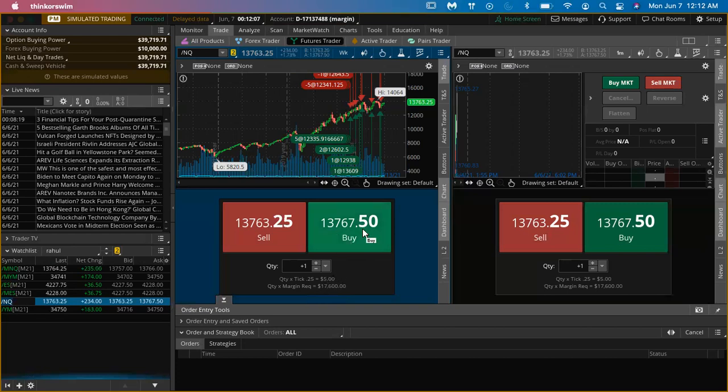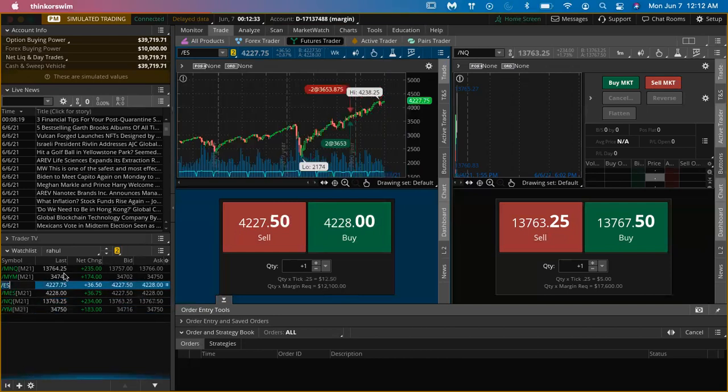So on 10 points movement you are going to get $200, and vice versa. If you buy at 13,767 and it goes to 13,757, then you are going to lose $200, right? For the 10 points movement, $200. So likewise it is for the other indexes.